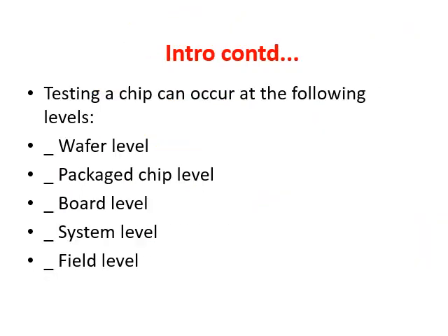Then for testing a chip, we can do the testing at different levels: wafer level, packaged chip level, board level, system level, followed by field level. So what do you mean by wafer level? Say we have a wafer, and onto that wafer we have say 1000 chips.